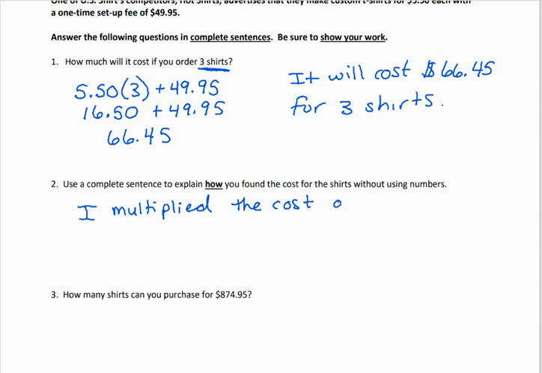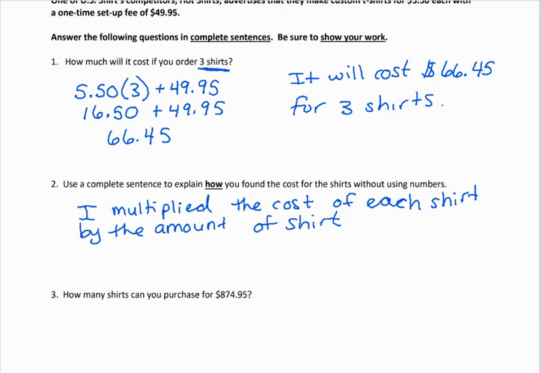Perfect. Okay, multiplied the cost of each shirt by the amount of shirts, or vice versa. You could have said I multiplied the amount of shirts by the cost of shirts, right? Same thing.